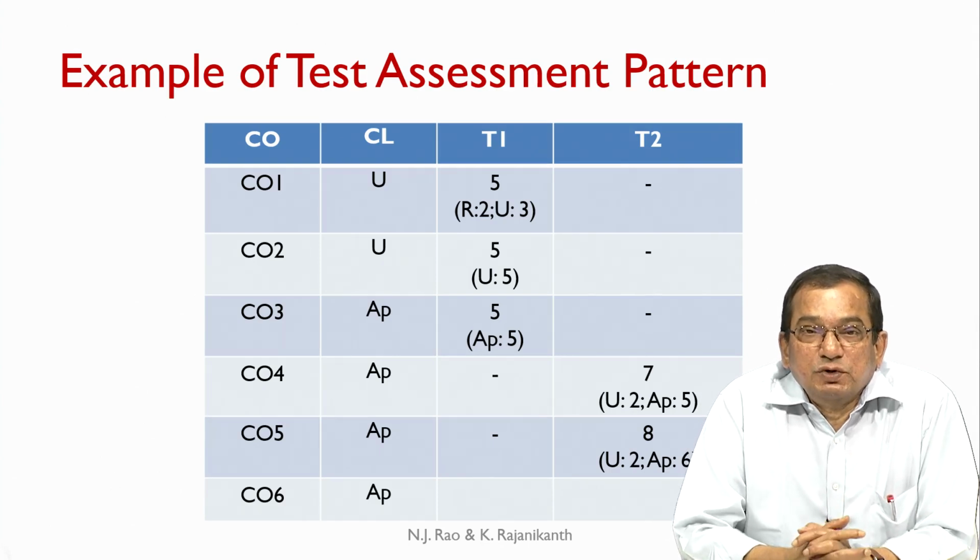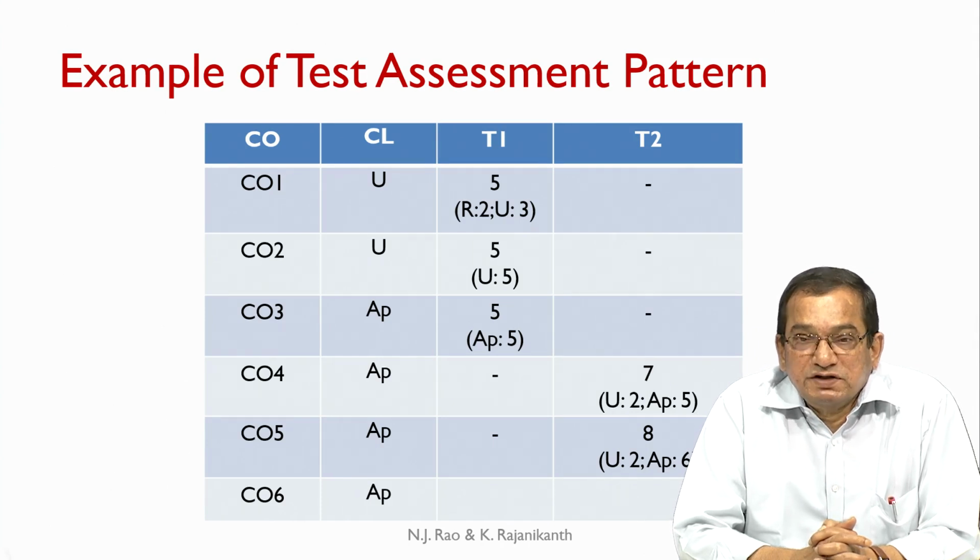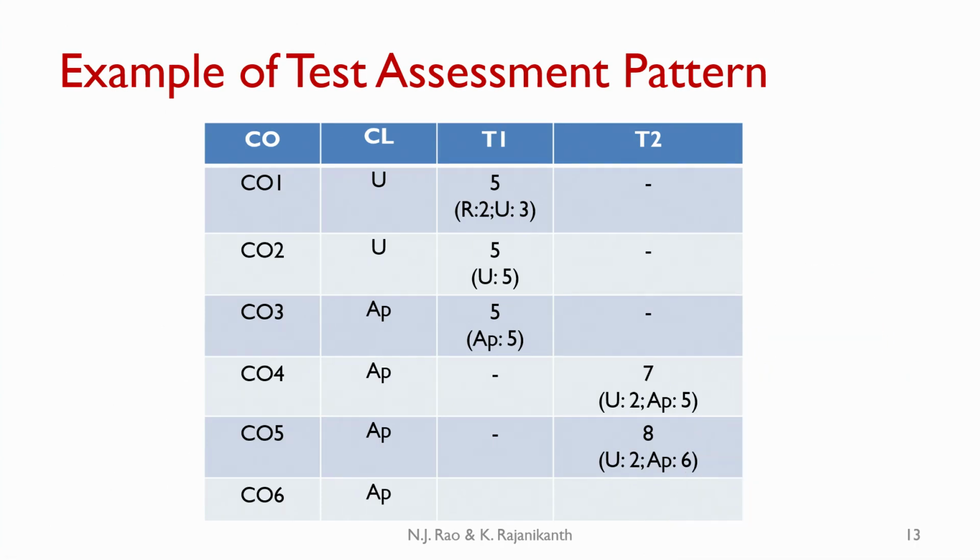This is just one example of a test assessment pattern. There are two tests, test 1 and test 2, and test 1 covers 3 COs, CO1, CO2, CO3, and test 2 covers 2 COs, CO4 and CO5. Note that CO6 is not at all covered in the tests.